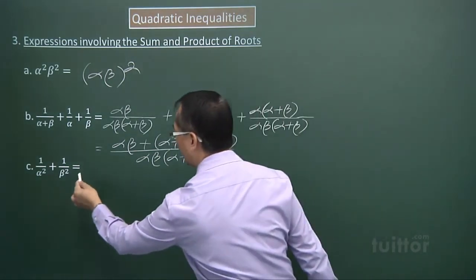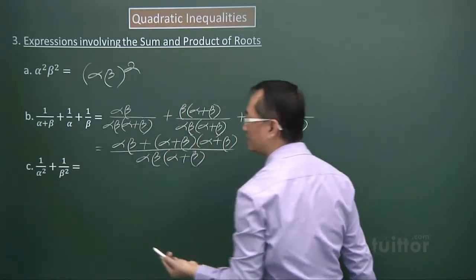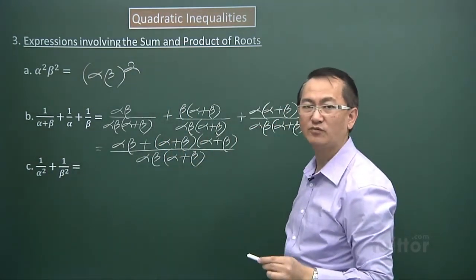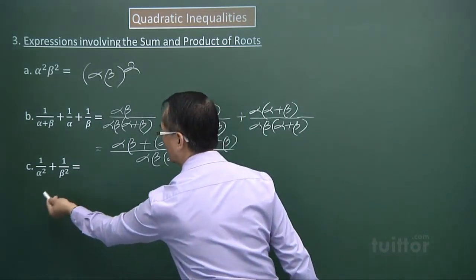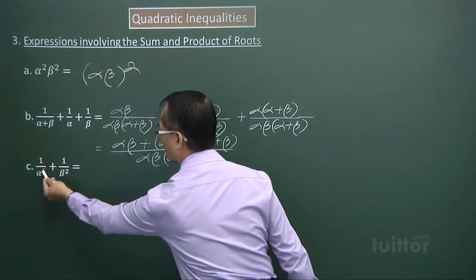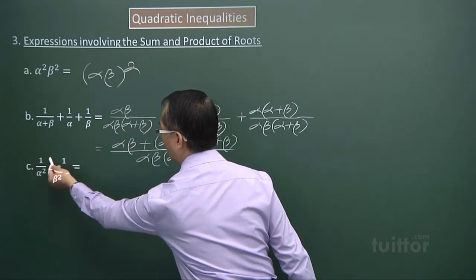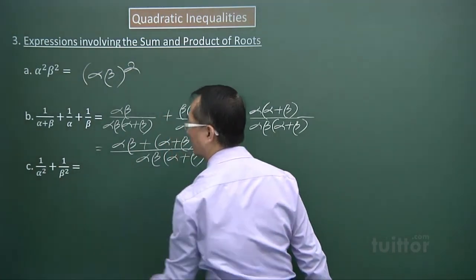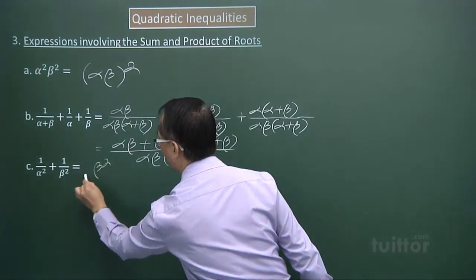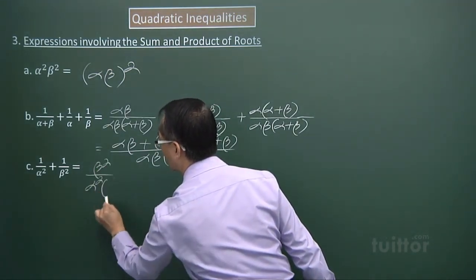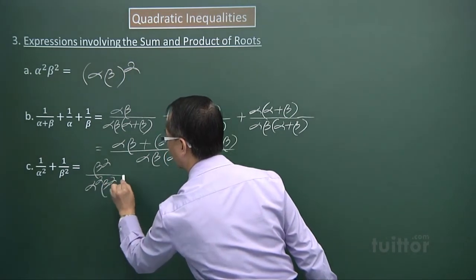For part C, two fractions, and to combine them, I would have to make the denominators the same. For this fraction, I will multiply beta squared to the numerator as well as to the denominator. I will have beta squared over alpha squared times beta squared.